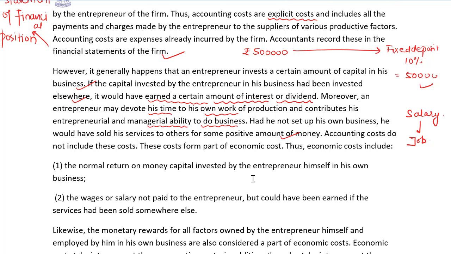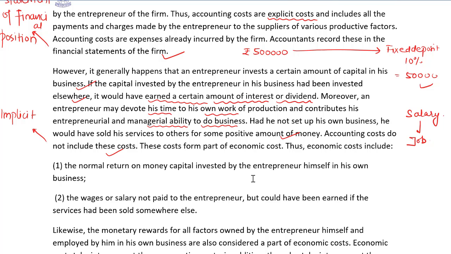Accounting costs do not include these costs. These costs are basically implicit cost. The entrepreneur has given his services, his managerial skills, his creativity he has utilized, or the family members are working inside the organization. These costs are implicit cost.